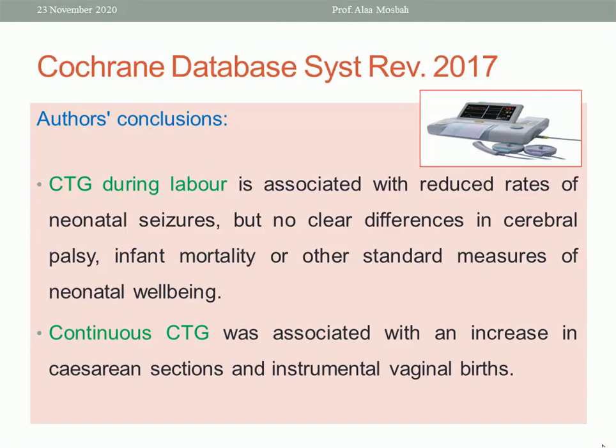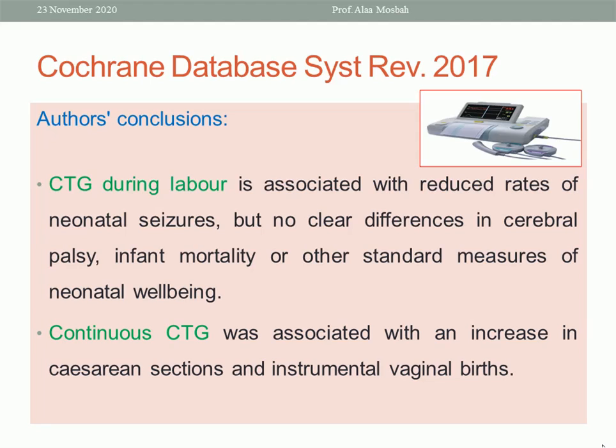Lastly, according to a Cochrane database systematic review in 2017, they concluded that CTG during labor is associated with a reduced rate of neonatal seizures, but no clear differences in cerebral palsy, infant mortality, or other standard measures of neonatal well-being.